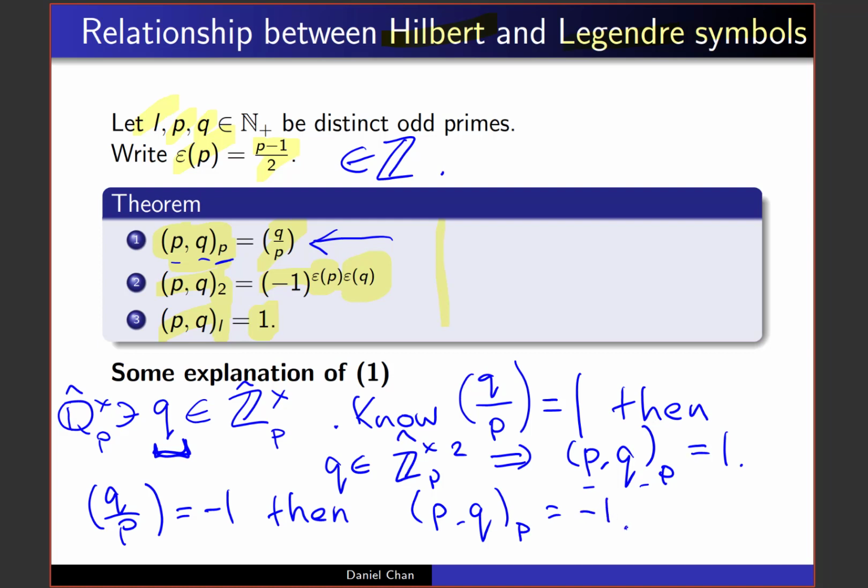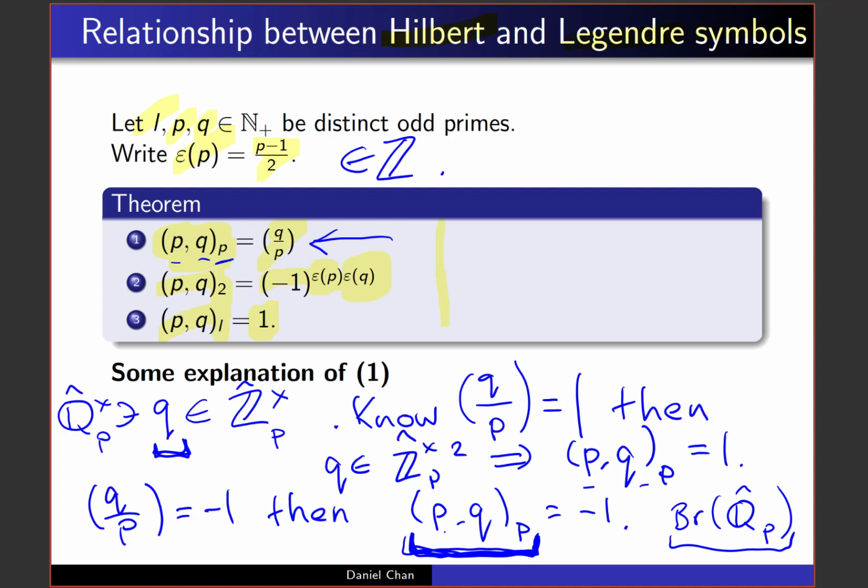And that's because, and this is where we have to use the local class field theory. When I gave you the description of the Brauer group of Q hat P, you'll note that this is the thing which generates the non-trivial two torsion element in this Brauer group.